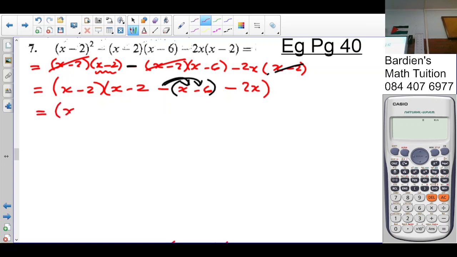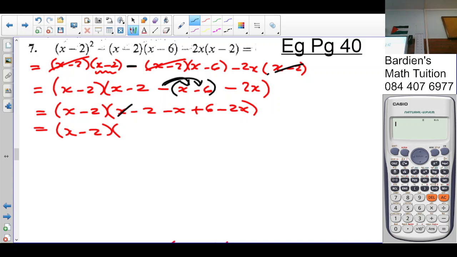So I got x minus 2, minus x plus 6 minus 2x. Now what? So it's x minus 2. x minus x cancel, not so? Leaves you with negative 2x minus 2 plus 6. Yes? Plus 4.